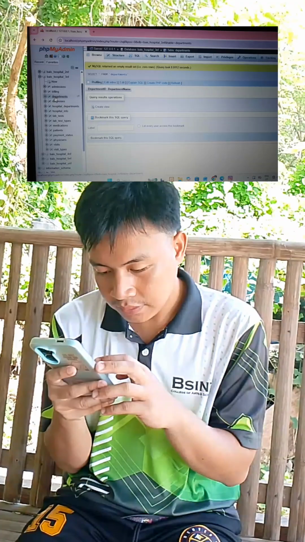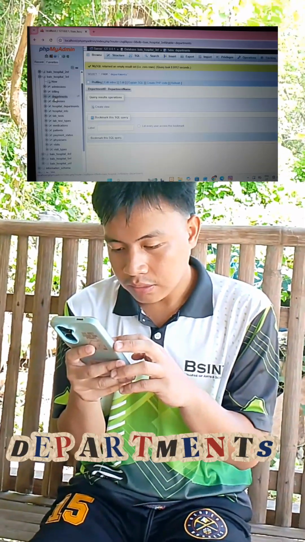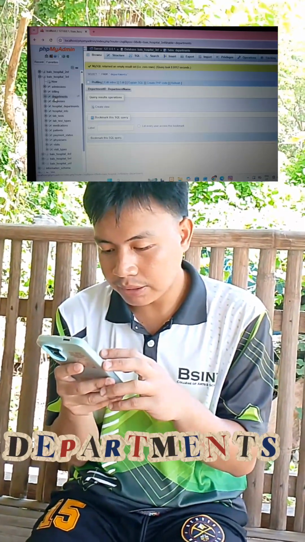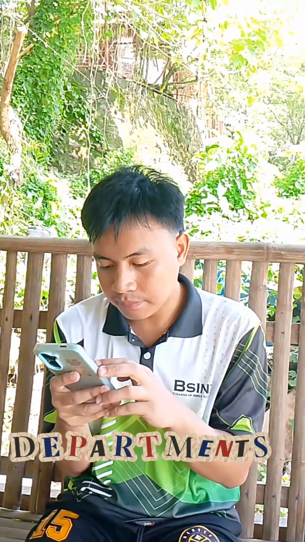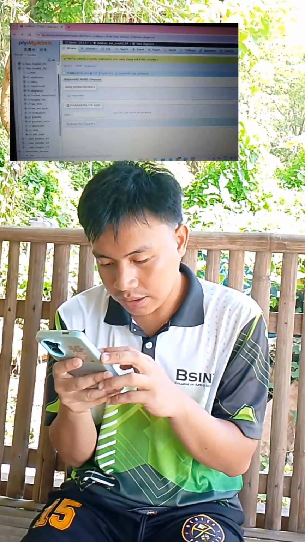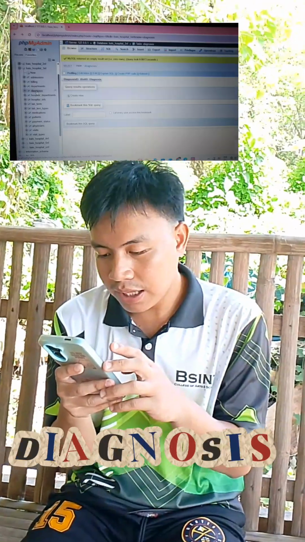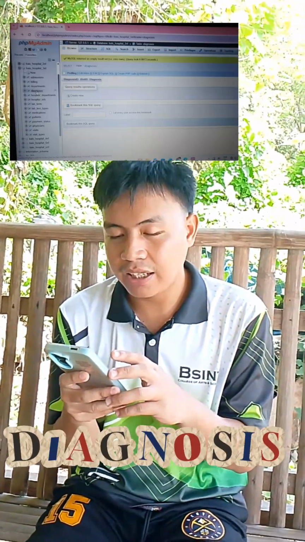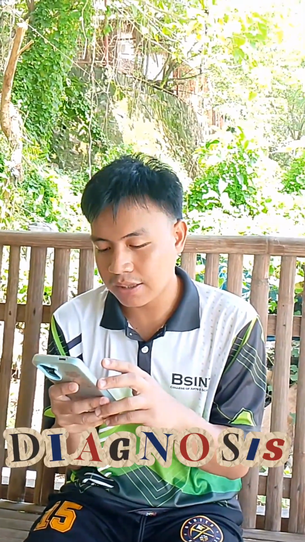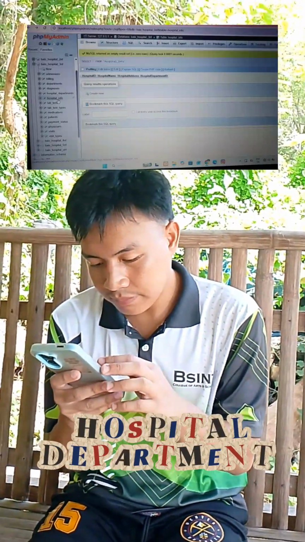Next is departments. Inside the departments there are department ID and department name. The next is diagnose. There is a diagnose ID, visit ID, and diagnosis. Next is hospital department.